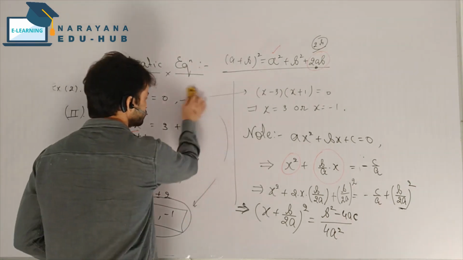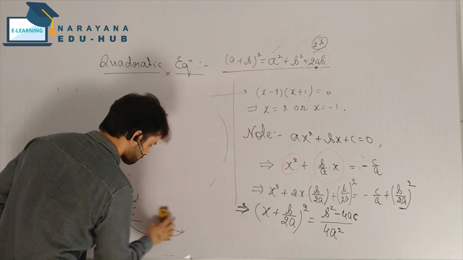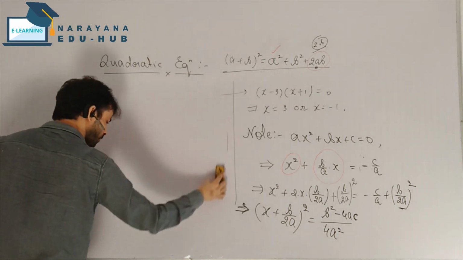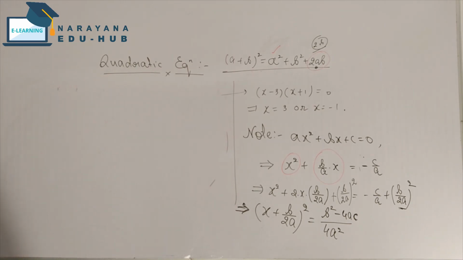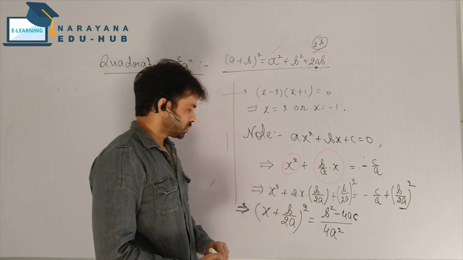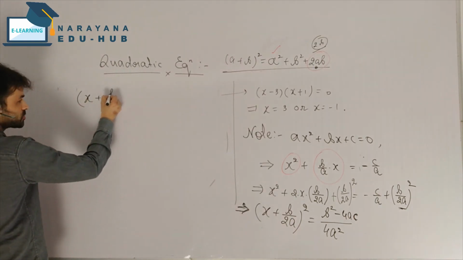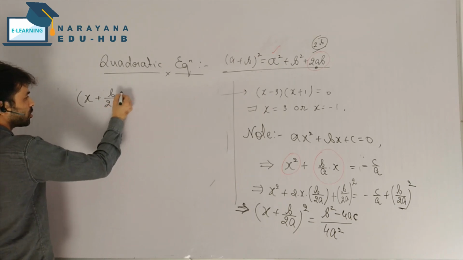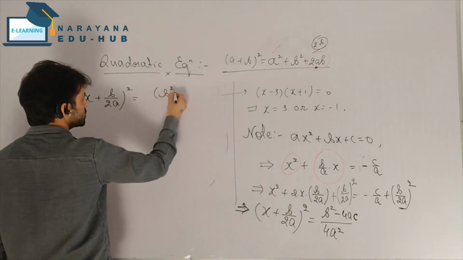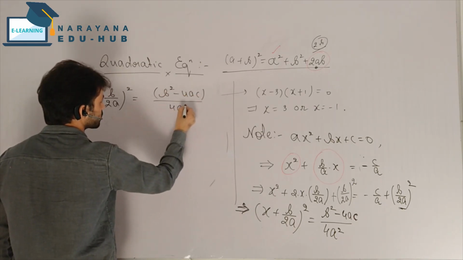Now we have x plus b by 2a whole square is equal to this b square minus 4ac by 4a square.